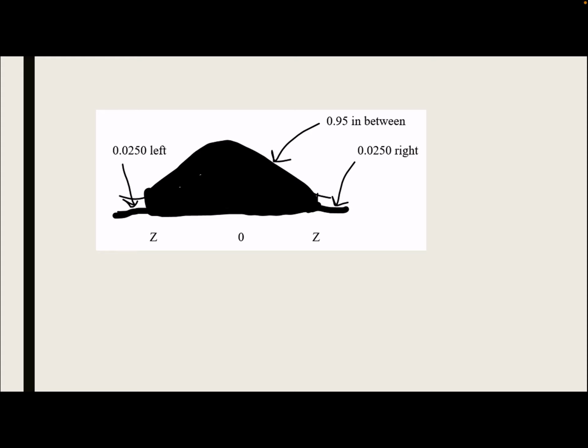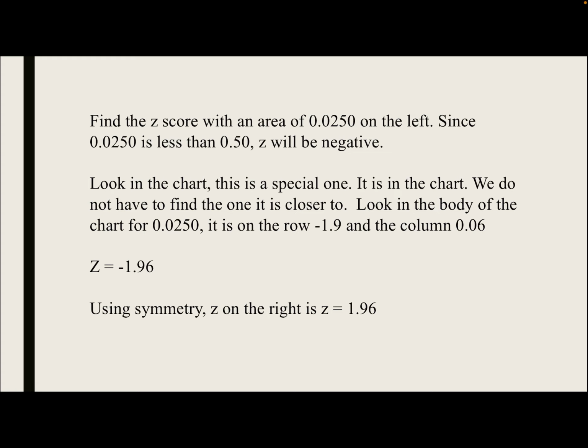So the shaded region's 0.95, and then the two unshaded regions add up to 0.05 to make one whole.